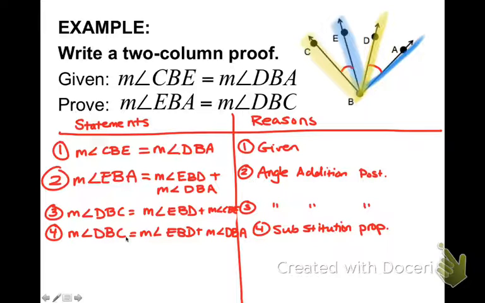So what property allows me to take out the middle link and be left with the first and the last? Think of last week. What property says I can take out this part and then just be left with just those two things?